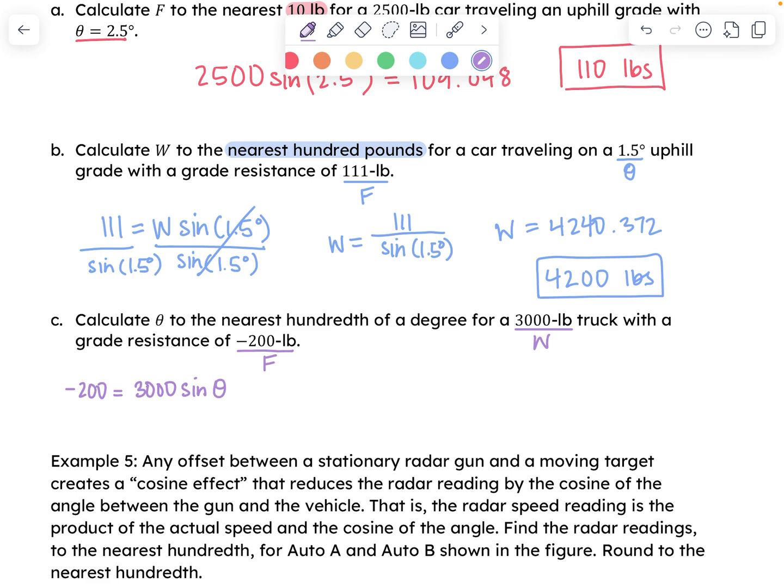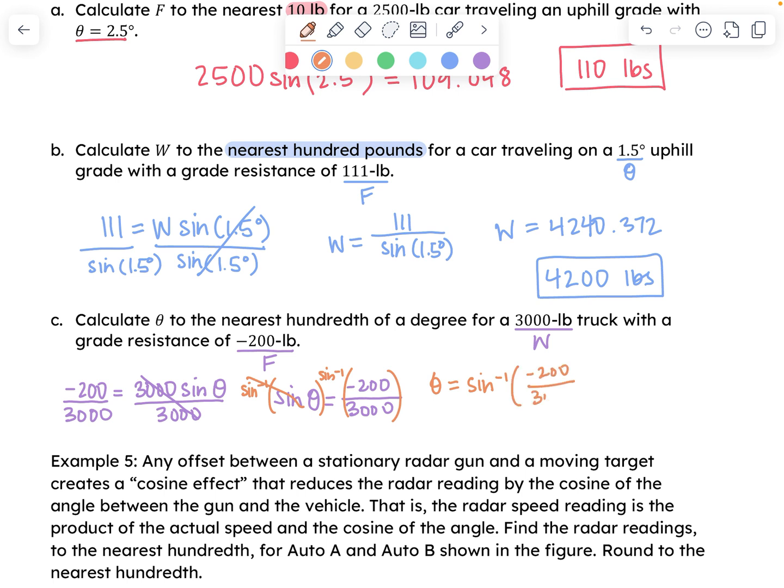So I'm going to start by dividing both sides by 3,000. When I do that, I get that the sine of theta is equal to negative 200 over 3,000. And this is where I'm going to use that inverse sine that we talked about on the first page. Okay, it's going to cancel out here. And I'm going to get that theta is equal to the inverse sine of negative 200 over 3,000.